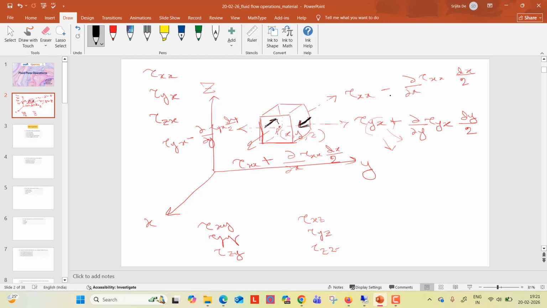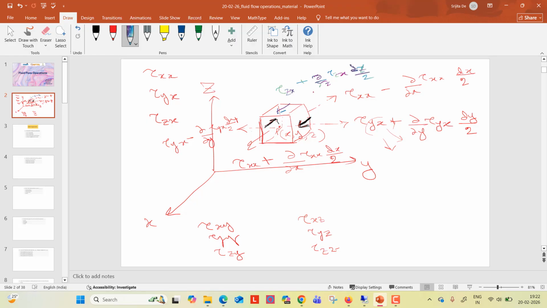Similarly for the z also, it will be in the xy plane. But the force will be in the x direction, that is this one is the tau zx, plus del del z of tau zx dz by 2.